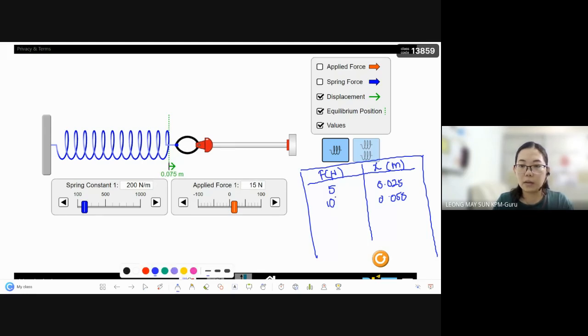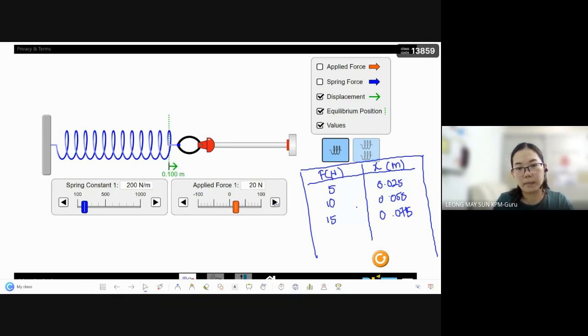And you would notice one thing, that when I increase the applied force by 5 Newton each time, the extension increases by 0.025. So I predict that the next one is going to be 0.125 for the extension.